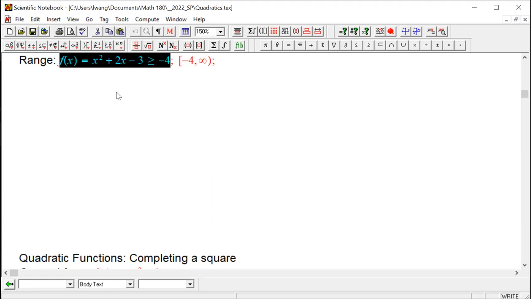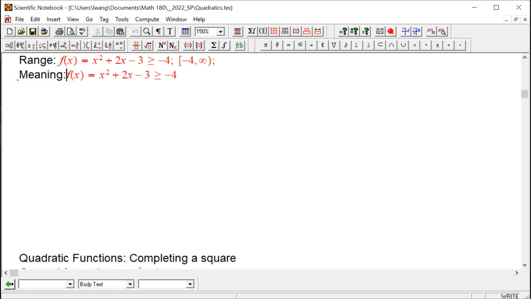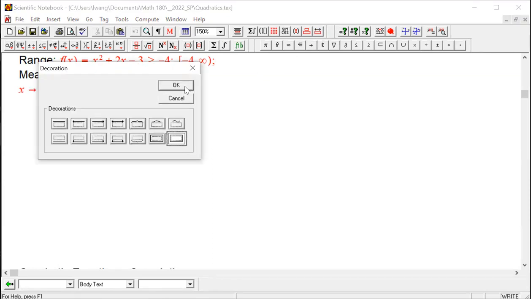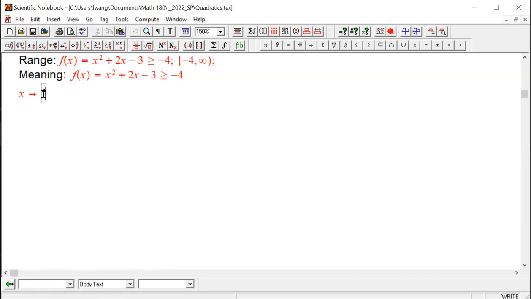What does this mean? The meaning is saying that for any input, it can be any real number, right? That's the domain.